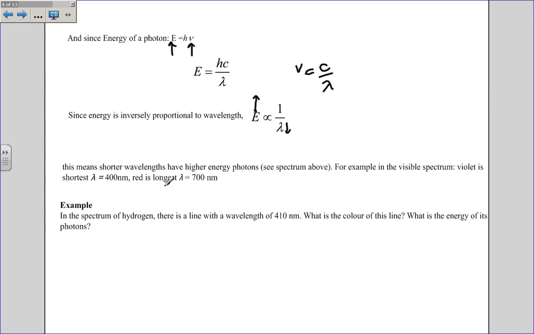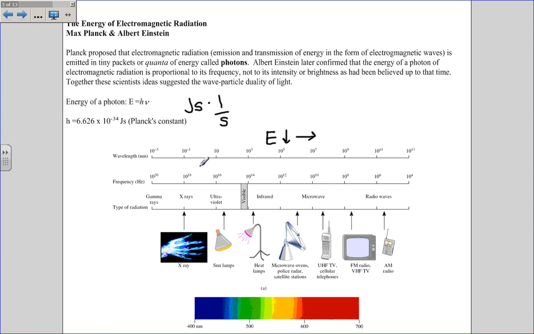So let's look at an example. We're going to examine that same color of 410 nanometers. We want to know what color this line is and what is the energy of the photon. To identify what color it is, we need to look back at the electromagnetic spectrum and look at where 410 nanometers lies. 410 nanometers lies in the visible region, and it's in the purple or blue region.